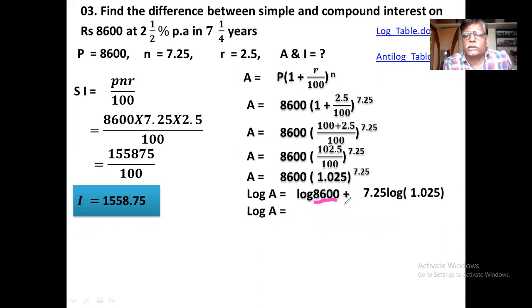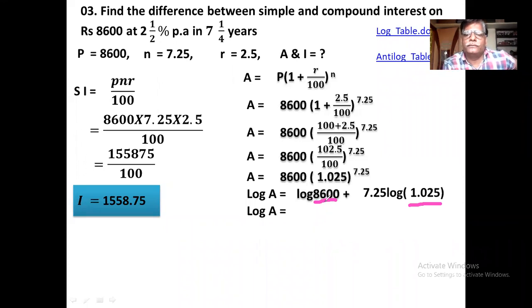Then you take the characteristic of this, and thereafter you see the log of this. Okay. So the characteristic of 8,600 is 3, because it is a 4-digit number. For a 4-digit number, characteristic is 3. You reduce by 1. And here 1.025, but before the decimal point there is only one number. So characteristic is 0.